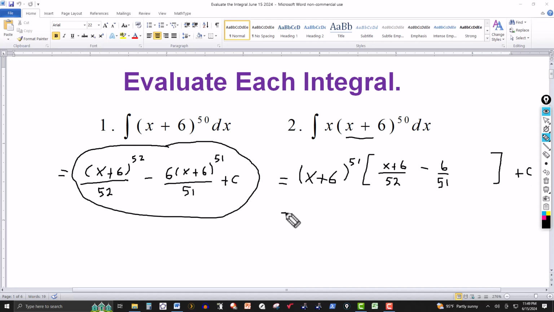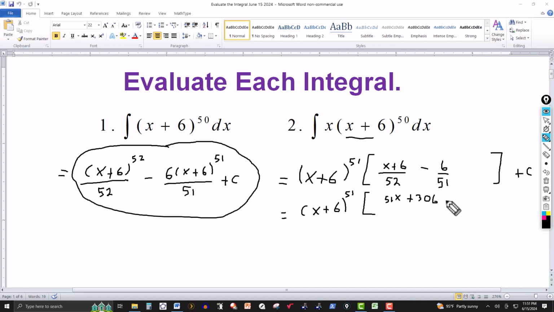And then let's continue. We want to write this as a single expression, so this will be x plus 6 to the 51st power times, and let's write this with one denominator, so the common denominator will be 52 times 51. So let's cross multiply. 51 times x, that'll be 51x, and then 51 times 6 is 306.